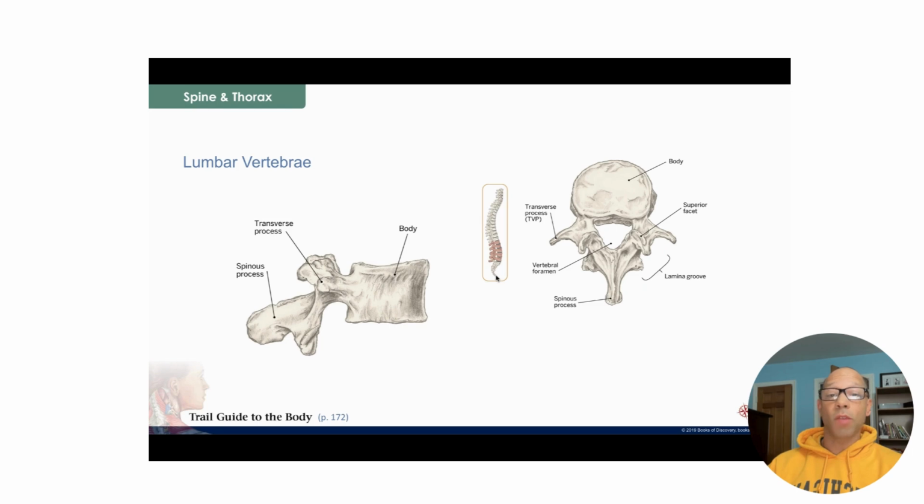Oftentimes in women, the lowest one does not get fused, because women have to have children and it needs to move a little bit more. Men's do get fused. However, sometimes women's do get fused, or it's too sturdy and stable, and so it gets cracked during childbirth, and that's no fun.